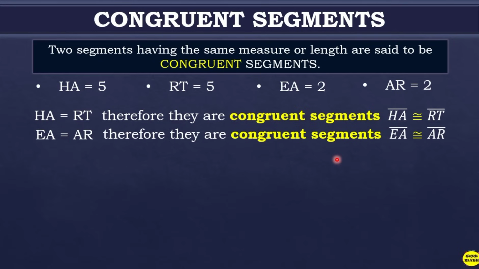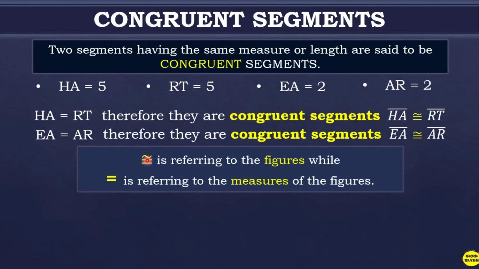Okay. So, bakit naglalagay tayo ng symbol kapag congruent at kapag wala naman kapag equals? This symbol is referring to the figures. Ginagamit natin ito kapag dinedescribe natin yung figures when we are comparing figures.